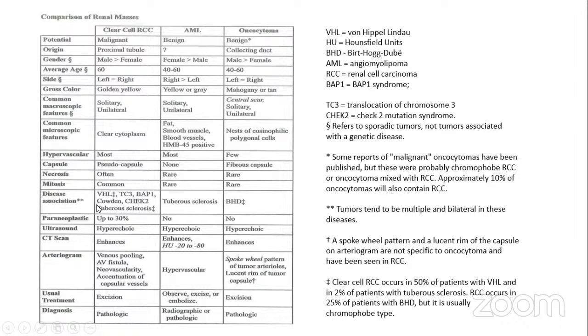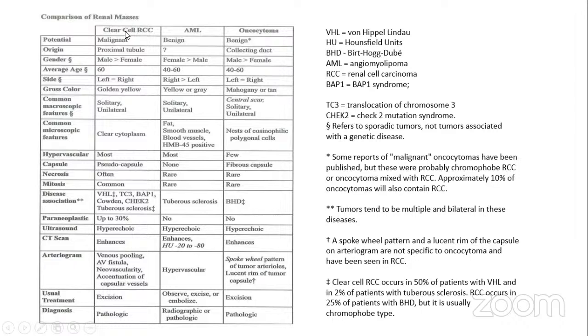Disease associations: von Hippel-Lindau, chromosome 3, BAP1, Cowden, and PTEN mutation with clear cell; tuberous sclerosis with angiomyolipoma; and Birt-Hogg-Dubé syndrome with oncocytoma.